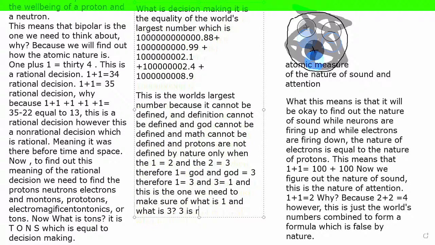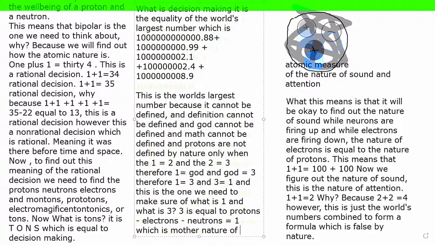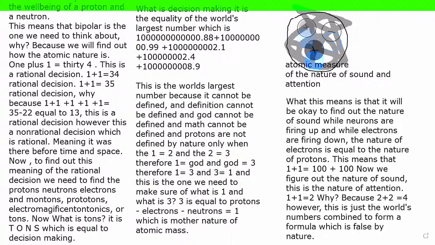3 is equal to protons minus electrons minus neutrons, which is equal to 1, which is Mother Nature of atomic mass. Now let me take this out.